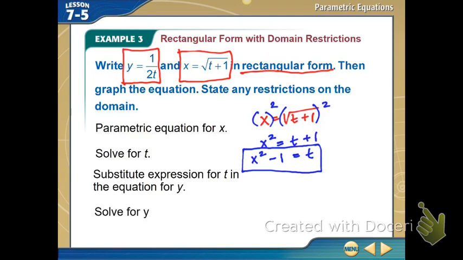So now I'm going to substitute that in for the expression for y. I get y equals 1 over 2, and then remember, now t is equal to x squared minus 1. And then solve for y. And this is already solved for y.